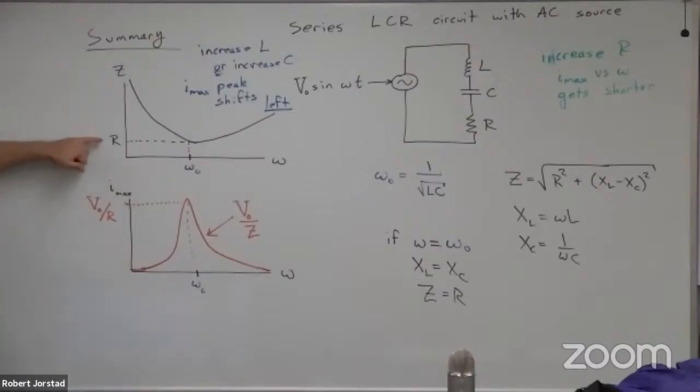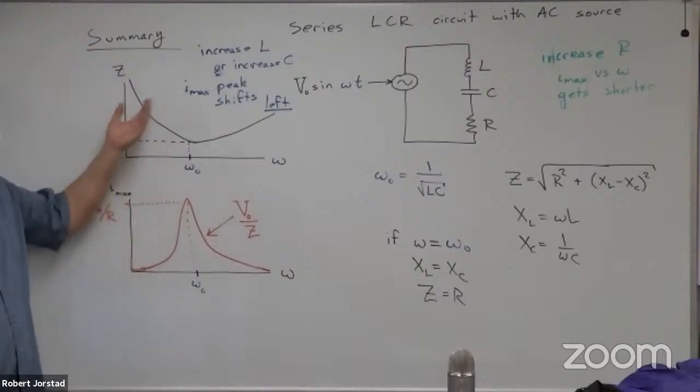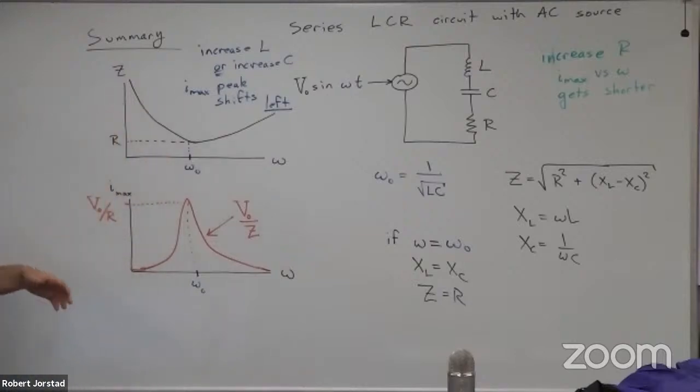Do you agree it's pretty easy to identify the resistance in a circuit by looking at the Z versus omega plot or the I max plot? Or in theory, I could tell you the resistance in this plot and you could figure out V naught, something like that. So it's very common for me to ask one version of the class Z versus omega, another version of the class I max versus omega. I might make you sketch these and more on that later today.